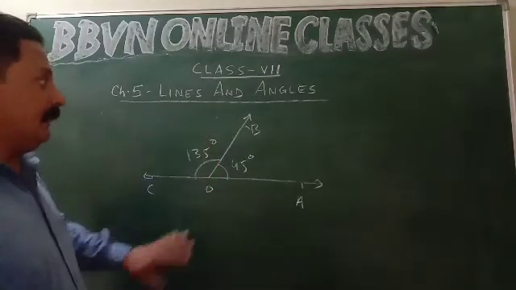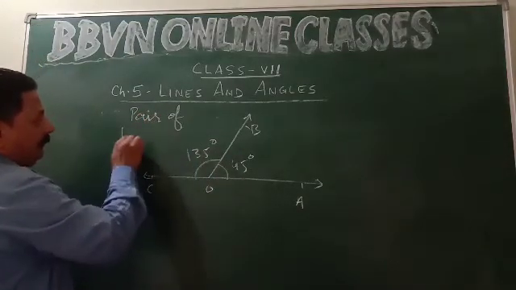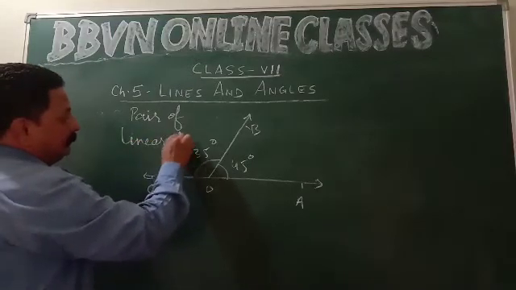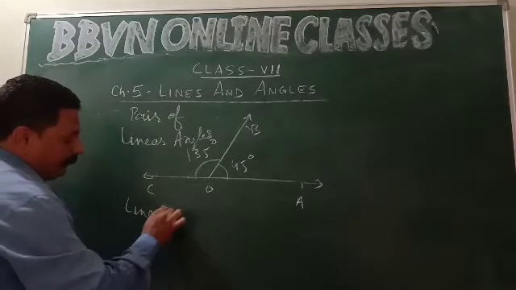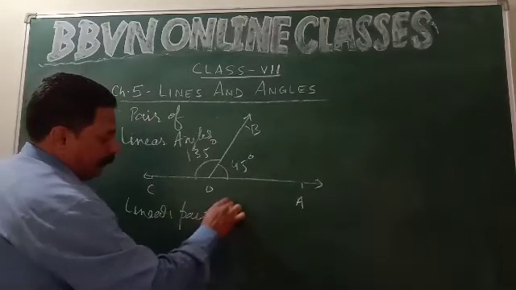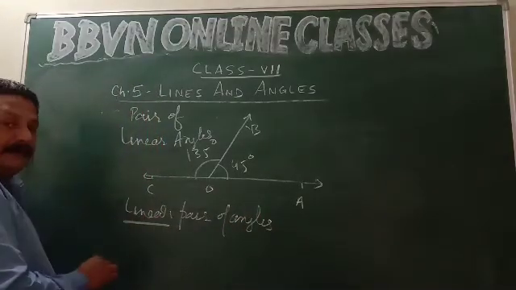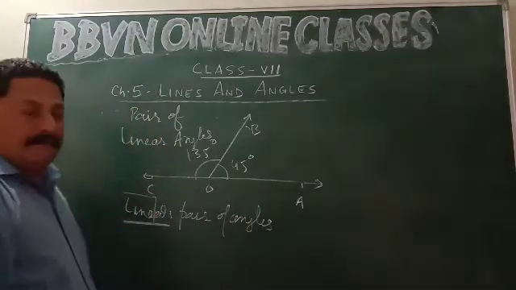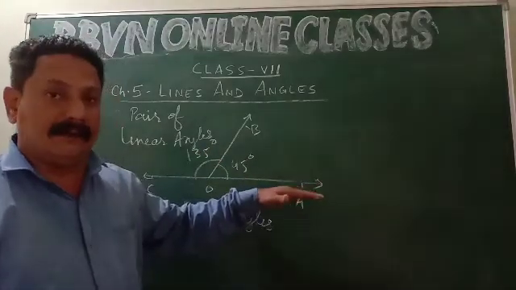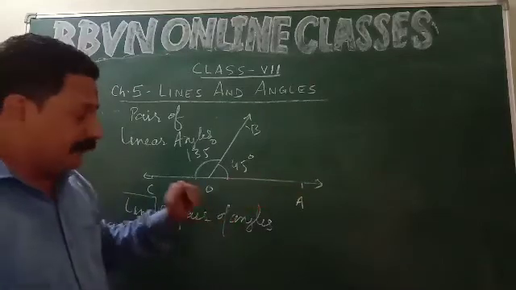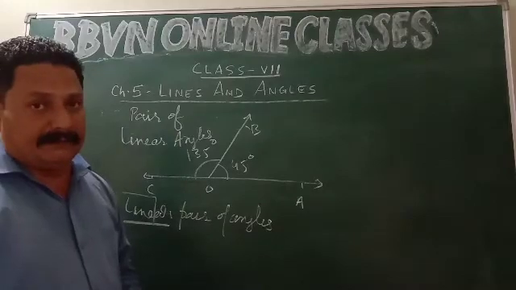Such adjacent angles are called as the pair of linear angles, or you can also call them as linear pair of angles. See, the word linear is derived from the word line. These two angles, they complete one straight line. Straight angle 180 degrees, got it? That's why we call them linear pair of angles or pair of linear angles, got it?